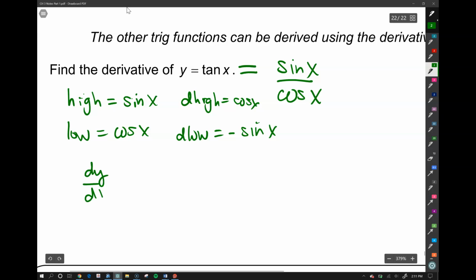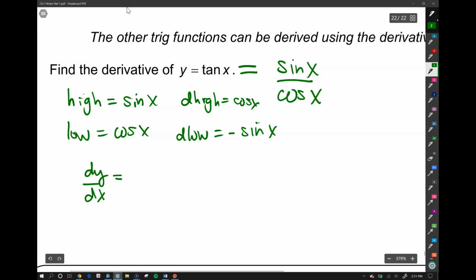dy/dx is going to be equal to cosine x times cosine x minus... what's the song? Low d high minus high d low.